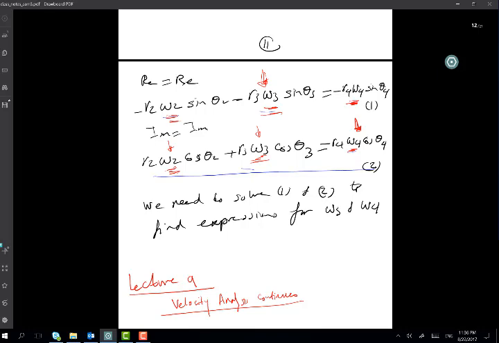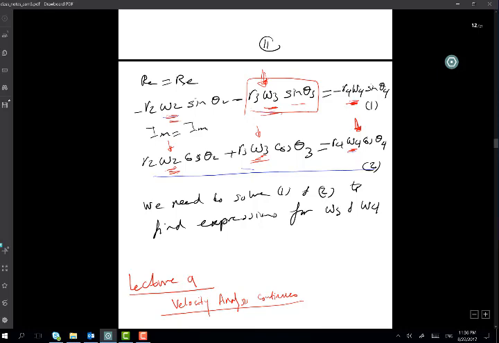Now, so I have the velocity equation. Velocities are linearly added together, and they have coefficients. Every term, like omega 3 in this term, is multiplied by r3 sine theta 3. So you call this the velocity coefficient of omega 3. And here, r4 sine theta 4 is the coefficient of the unknown.